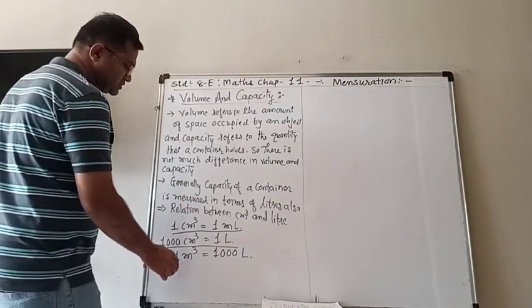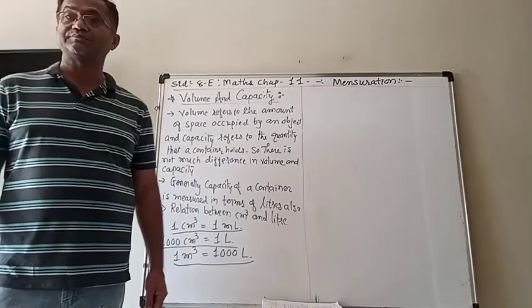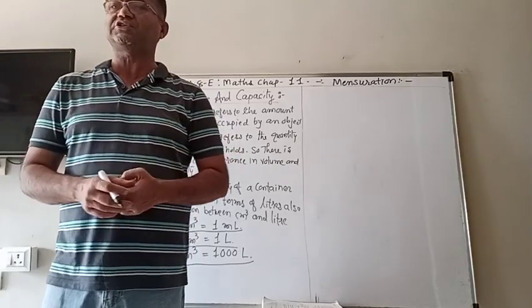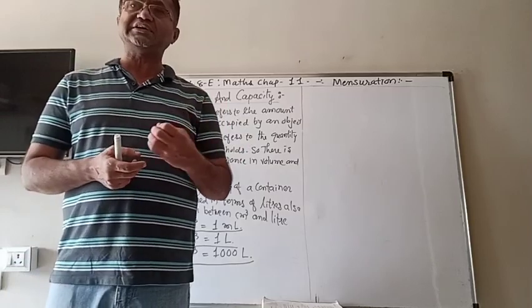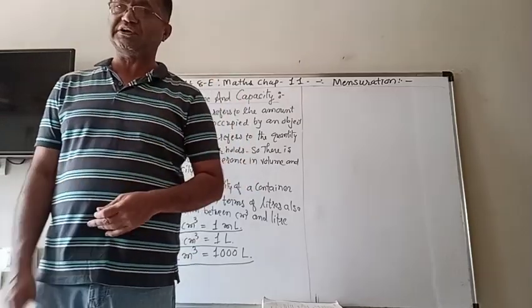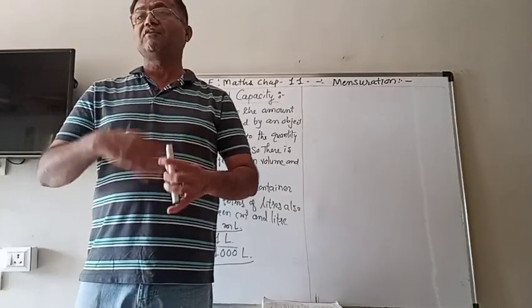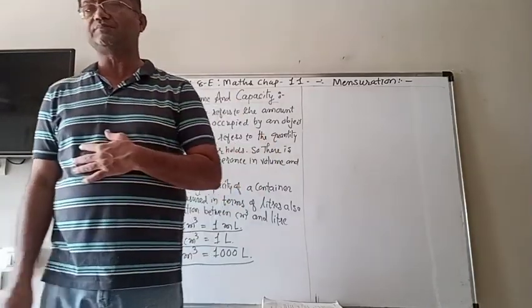And the last one is 1 meter cube is 1000 liters. So when the volume is 1 meter cube, the conversion of it in liters is 1000 liters. So sometimes we have to find the volume and find how many liters of water it can contain.